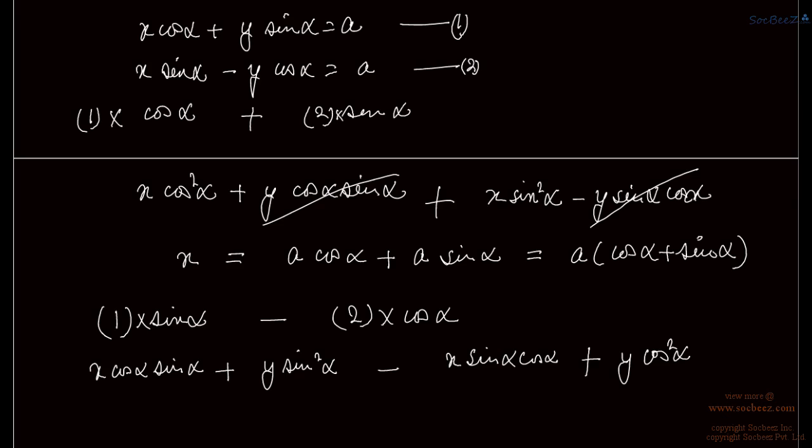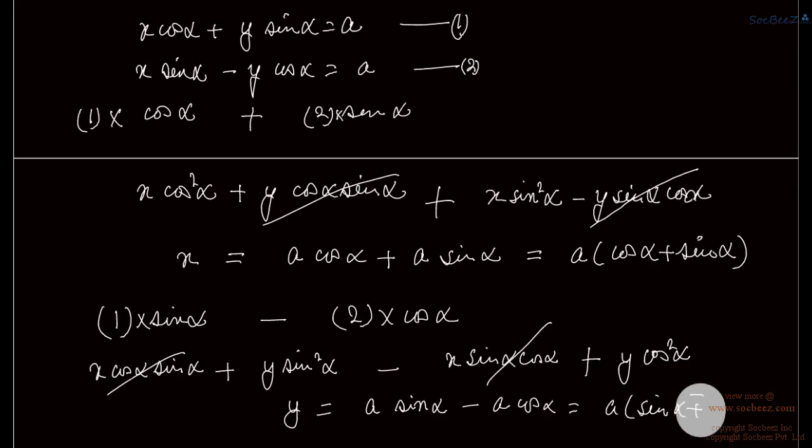So subtracting, this sign will change, and this term and this term cancel, and we have y times sin square alpha plus cos square alpha, which is y. In RHS we have a sin alpha minus a cos alpha, which is a times sin alpha minus cos alpha, right? Sin alpha minus cos alpha.